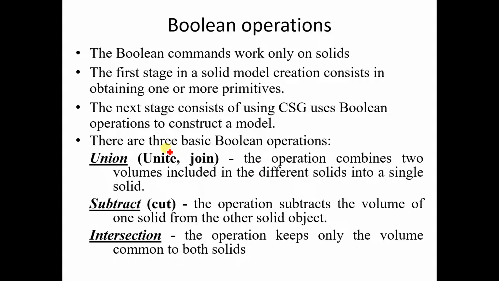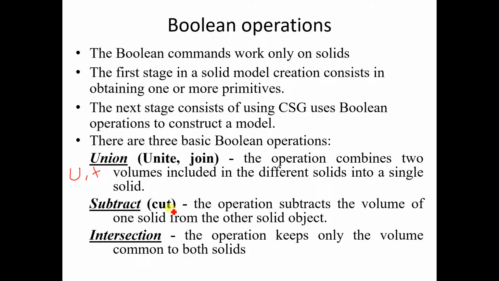The first basic Boolean operation is the union command. When two solid volumes are converted into a single solid, it is represented in short form by the letter U or a plus symbol.